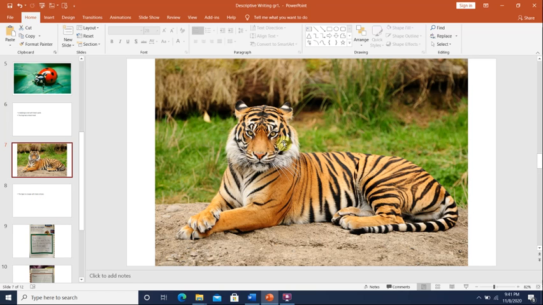There are many details we can use to describe, but because we want something simple, we can say that the tiger is like a big cat. It is orange with black stripes. All right?